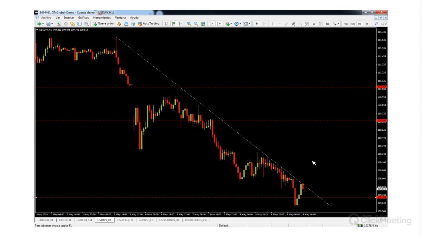And not only that, look at the past price action. Look at these candles right here. I'm going to use a rectangle to show you.